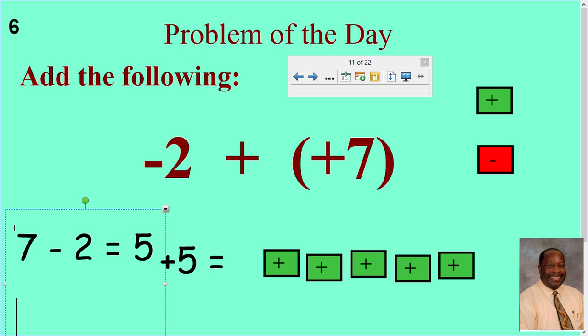And when we look at the digit 2, we see that it's smaller than the 7. We have to pick the digit sign that's larger, which will be +5. So our answer would be +5.